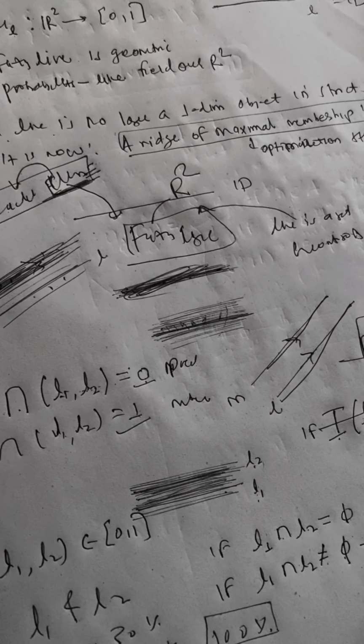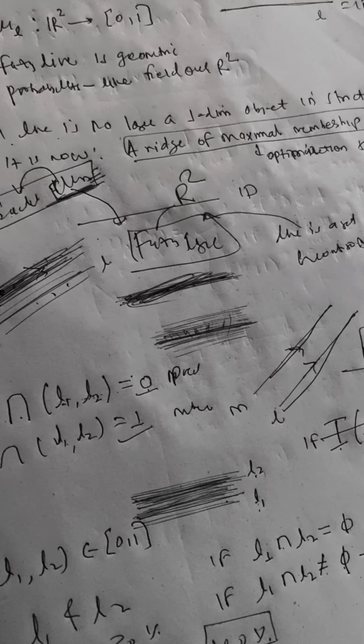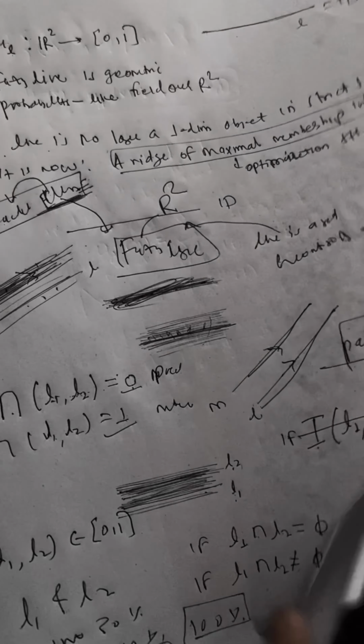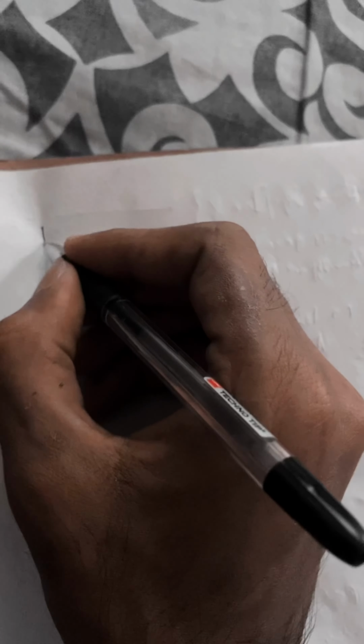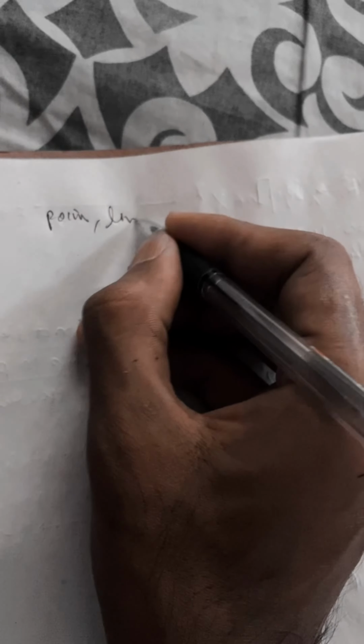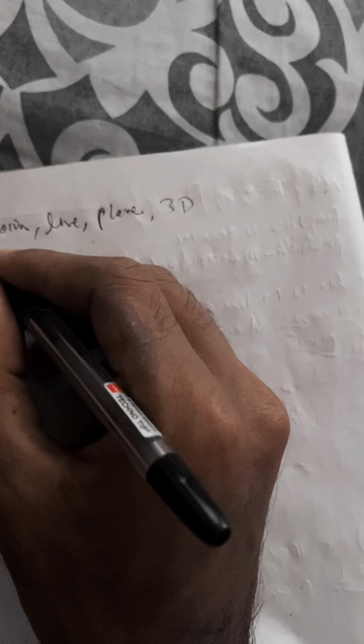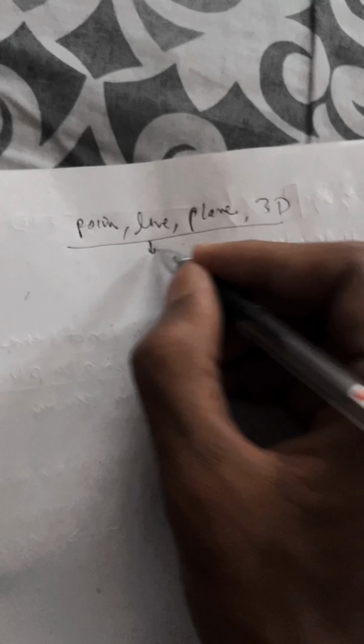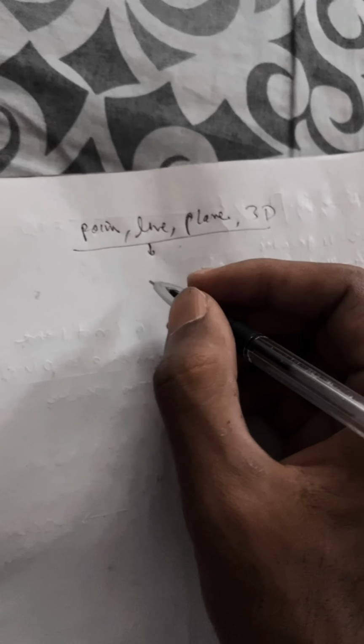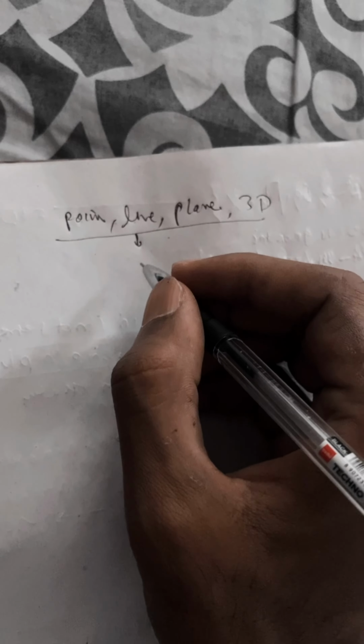Now, in the next lecture, we will try to clear one very important thing, and that will be the idea of point, line, plane, and three-dimensional space. And we'll try to solve a paradox from an earlier lecture, maybe the second or third.